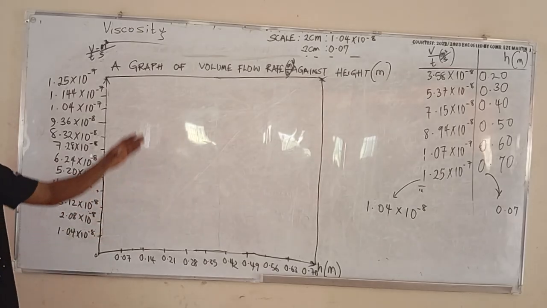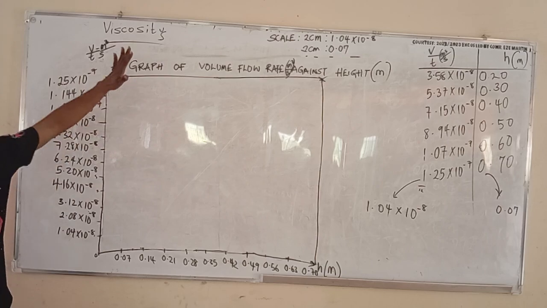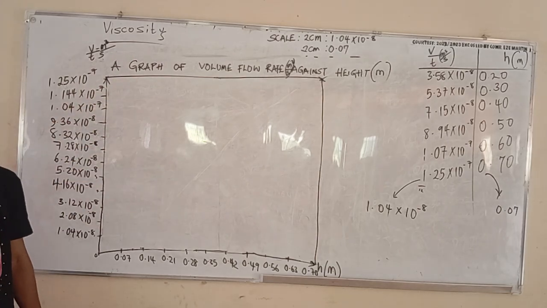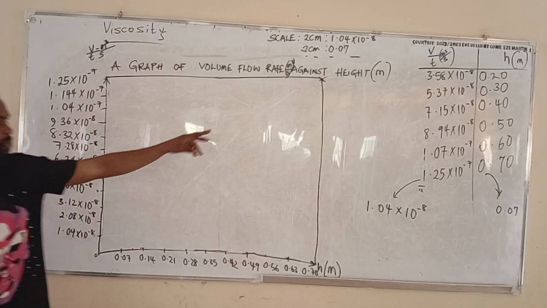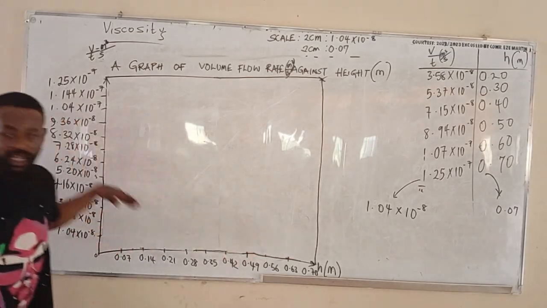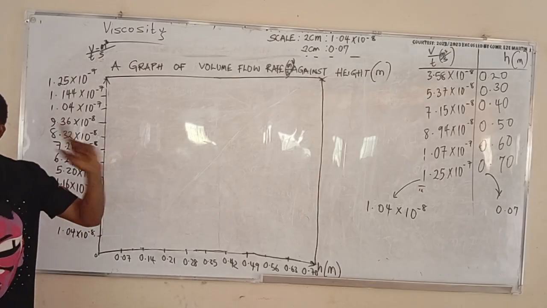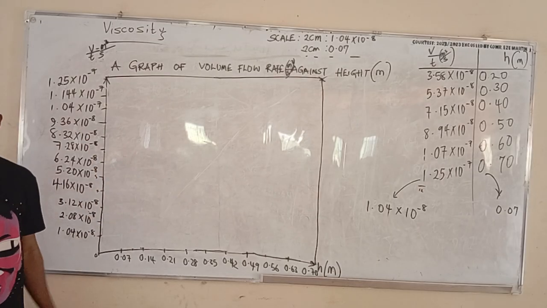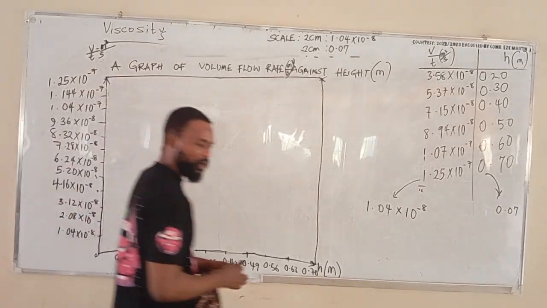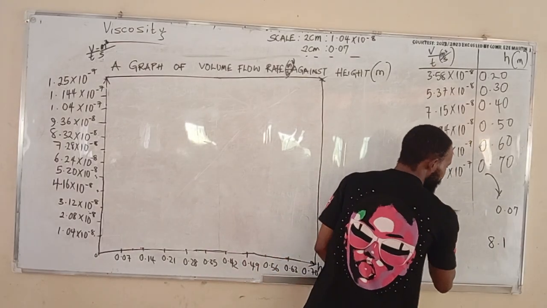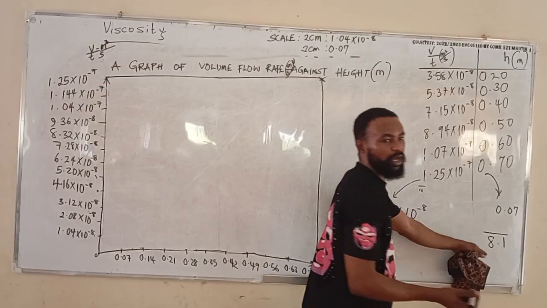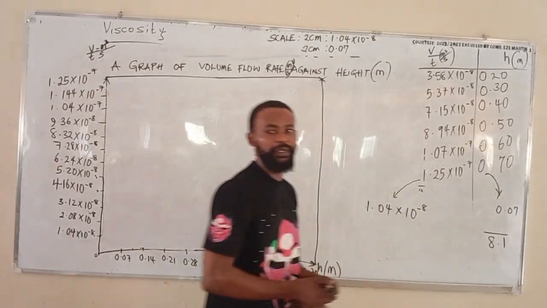In physics, it is recommended that this is how you go about finding scale. It is risky, but it is expected that you go about finding scale this way. Whatever you have, divide it by the highest point. So for you whose graph is that way, notice that I said that whatever you have, you are dividing by 8.1 because of how we found your graph to be.